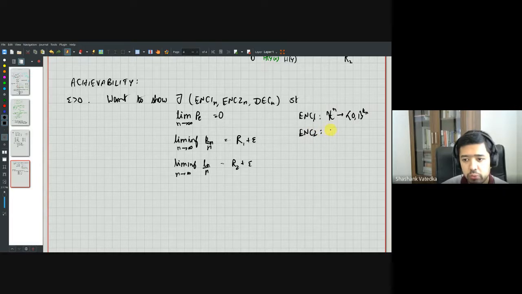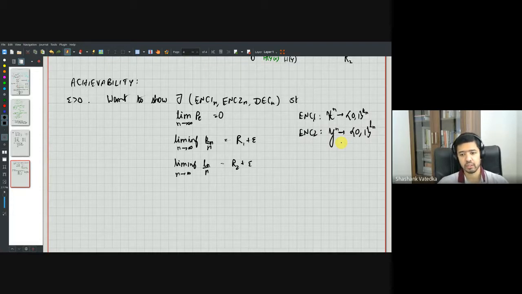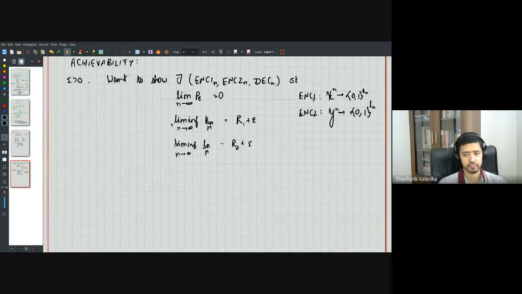Similarly, encoder 2 takes n symbols and outputs a binary sequence which corresponds to the compressed file, and the length of the compressed file is some ln. And we want to show that asymptotically kn is roughly n times R1 and ln is roughly n times R2. Right? And at the same time, the probability of error can be driven down to 0.